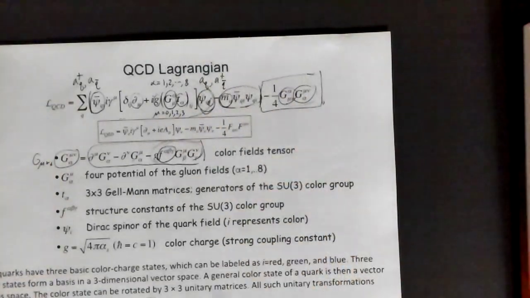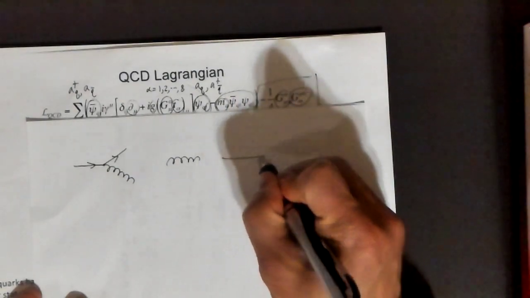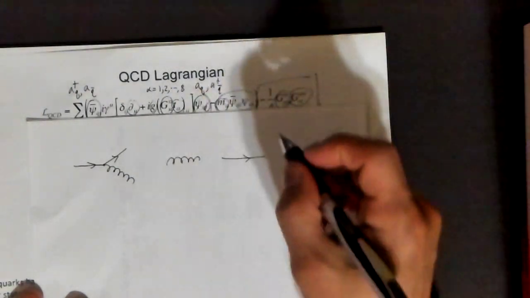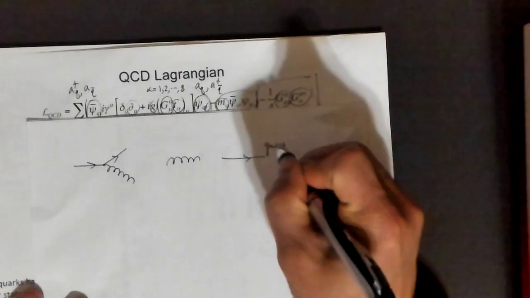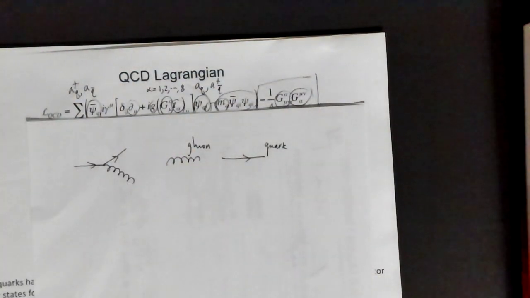And so as a result, the Feynman rules that you get for quantum chromodynamics is a bit more complicated than what you got in quantum electrodynamics. So in addition to having simple diagrams like you had for quantum electrodynamics, like this, where you have a quark interacting with a gluon, and where we had a gluon propagator and a quark propagator. Okay, so remember, this is for the quark, this is for the gluon, and this is the vertex between the quark and the gluon.